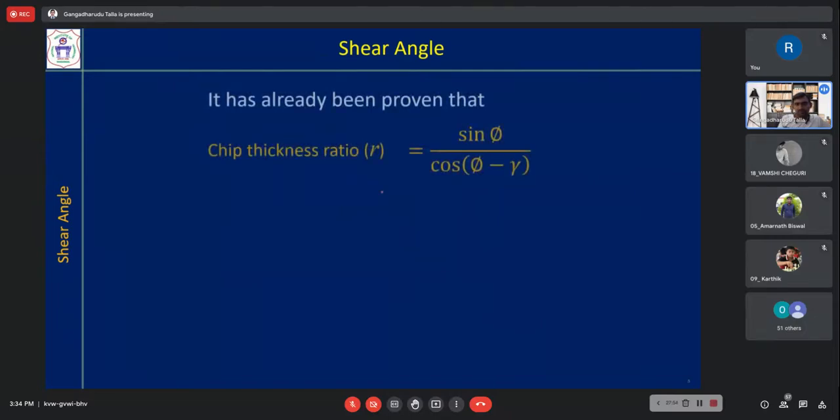Now we have seen that chip thickness ratio R is equal to sin phi by cos phi minus gamma. So that is also equal to Vc by V. Now what is Vc? Vc is chip velocity. V is cutting velocity.